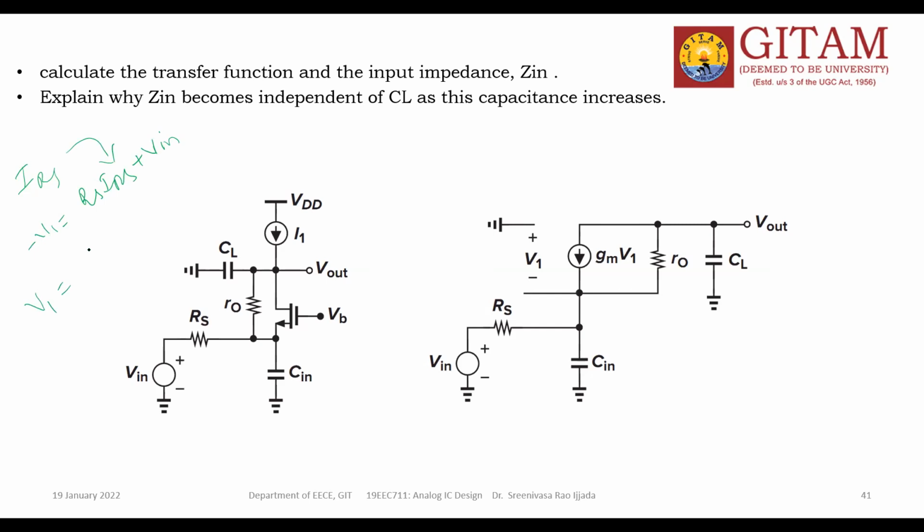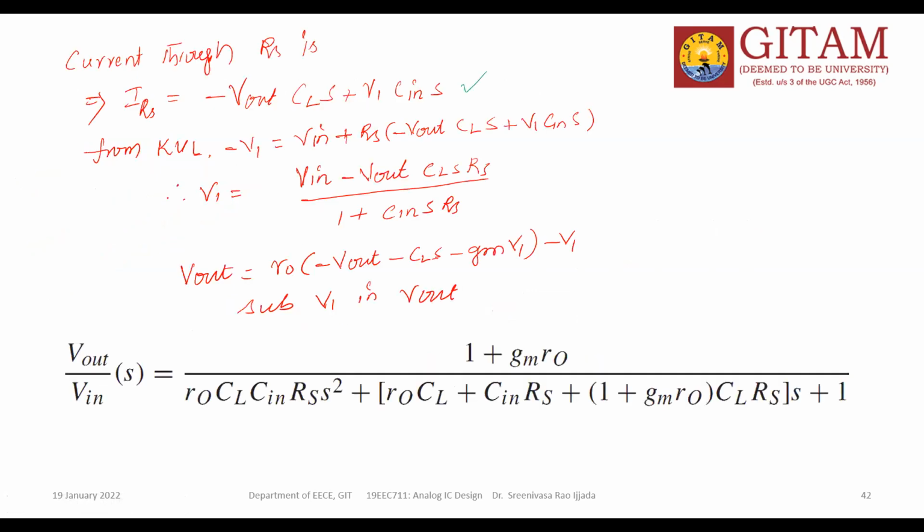The V1 value is V in minus V out CLS into RS by 1 plus C in S into RS. After getting this V1 value, write the equation for the output.